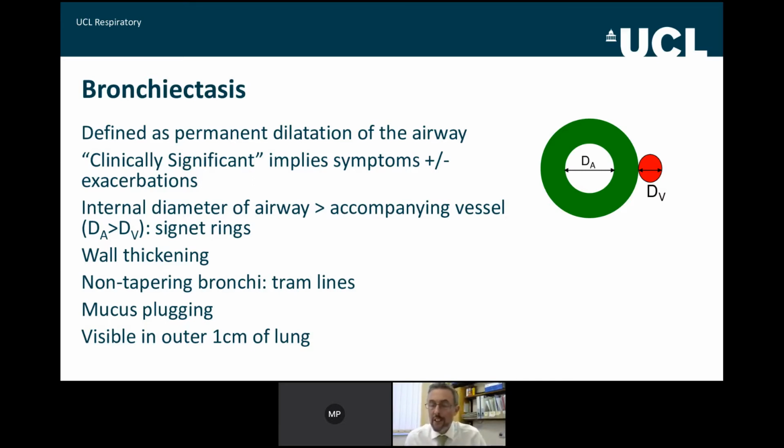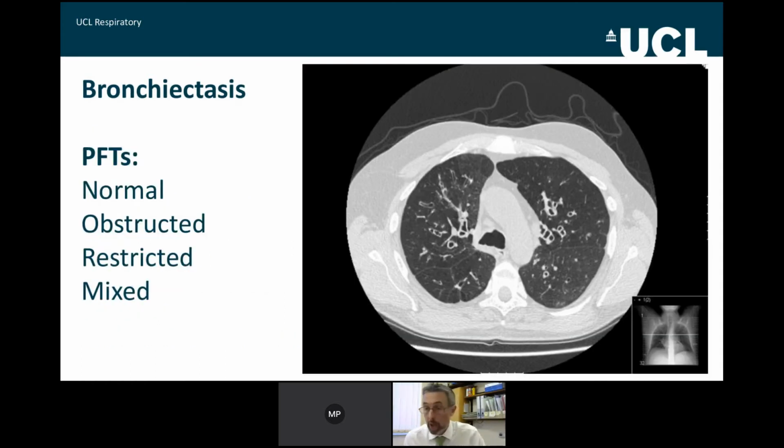So a CT scan is a way to assess the presence or absence of bronchiectasis. That's what it looks like on an actual CT scan. If you look at the right lung field there, or indeed bilaterally in the midzones, you can see dilated airways, and you can see airways which are bigger than their accompanying blood vessels, the so-called signet ring sign.